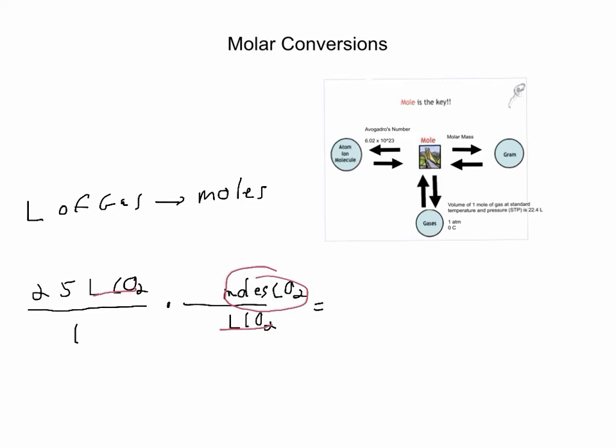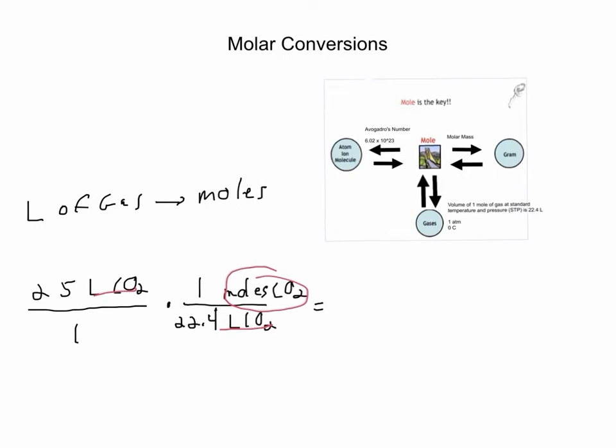And according to our chart, it says that 1 mole of gas has a volume of 22.4 liters. So 1 mole has a volume of 22.4 liters. That's just over 11 2-liter soda bottles worth, if you want to know how big that is. So picture about 11 big soda bottles. And we'll do this math.